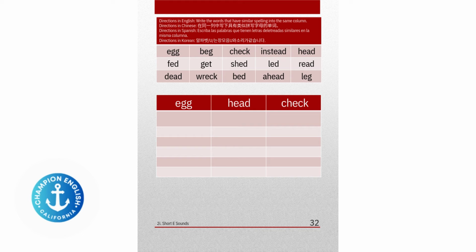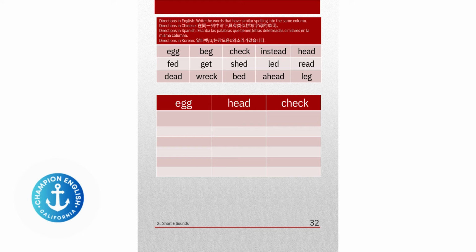So for the first column, we have egg. Can everyone say egg? Egg. That's right. The second column, we have head. Can everyone say head? Head. That's right. For the third column, we have check.